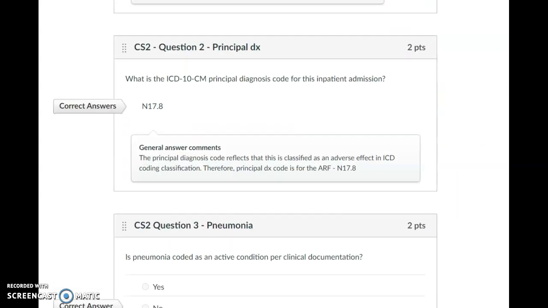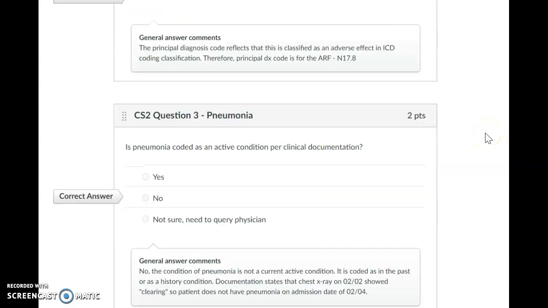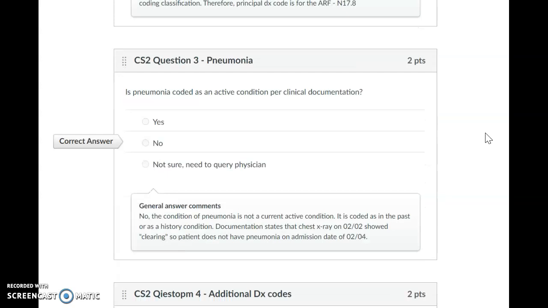It is not the T code. This is an adverse effect. With an adverse effect, you code whatever is wrong with the patient or brought the patient in for the admission or to the emergency room. And then you have the T code secondary. So we'll get to that momentarily. Is the pneumonia coded as active? No, it's a history of, because again, it's clearing.